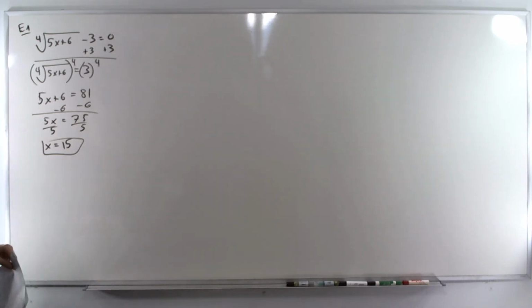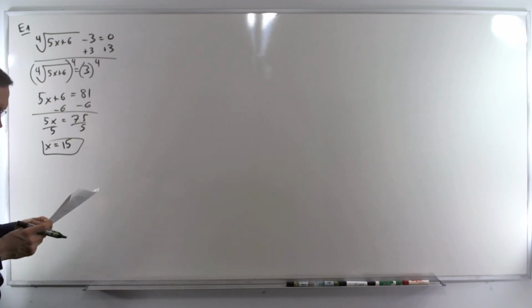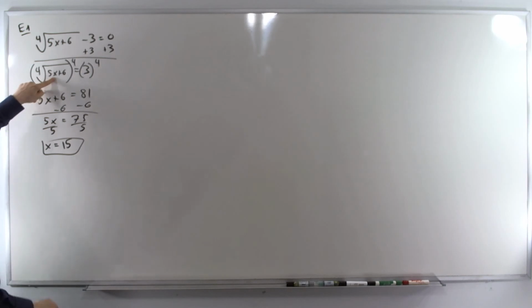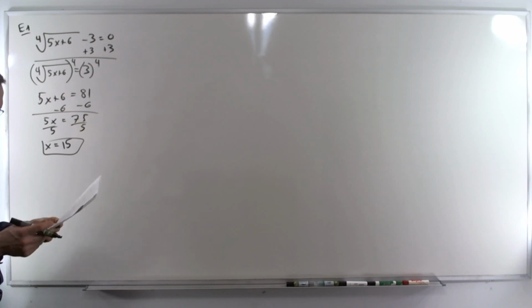And x equals 15. Now let's check. Plug in 15 here. 15 times 5 is 75, plus 6 is 81, fourth root of 81 is 3. So that works. Your turn, number 6.